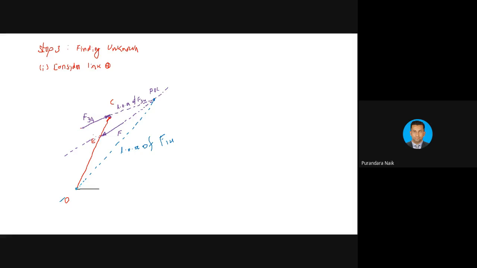F14 is acting like this, in this direction. So this is F14. See, now we have the direction of F14, we know the direction of F, as well as we know the direction of F34. Now we can draw the force polygon.